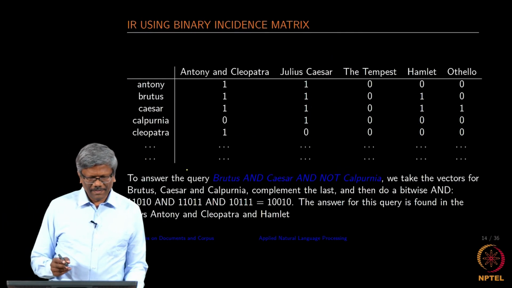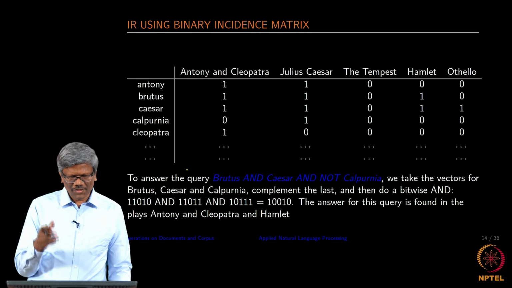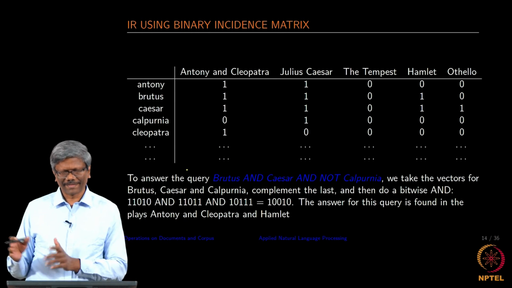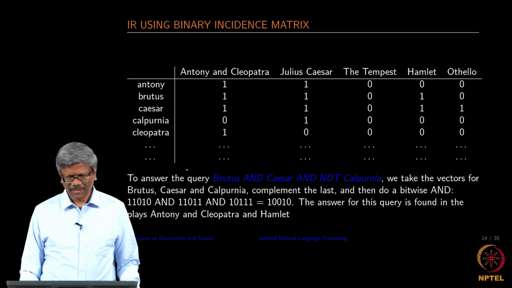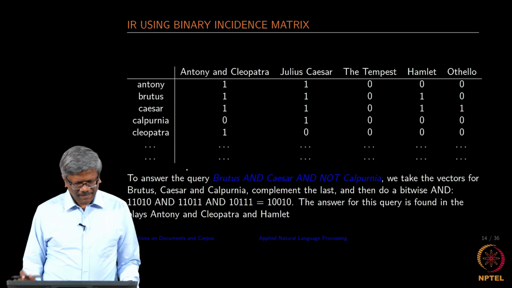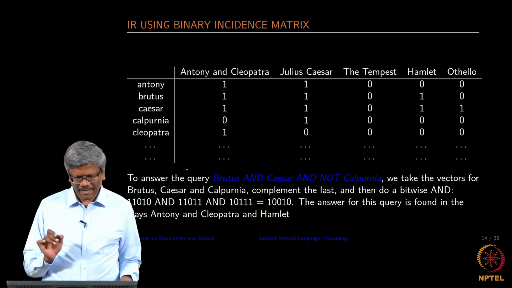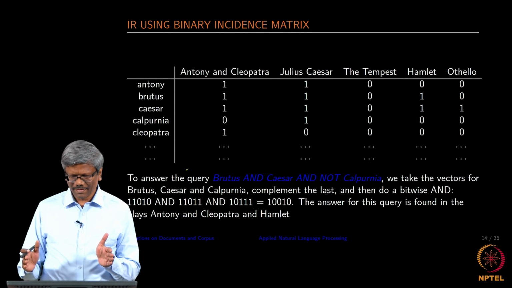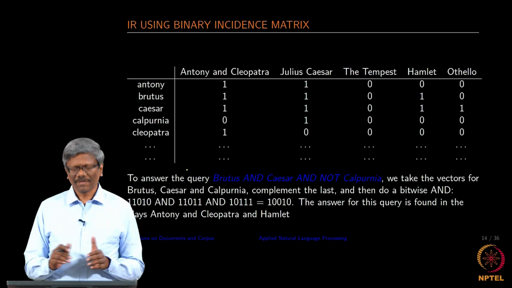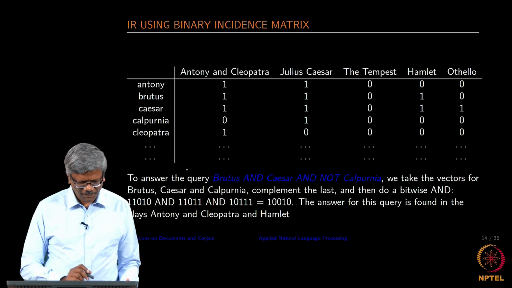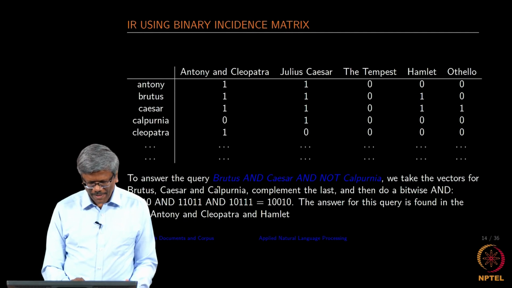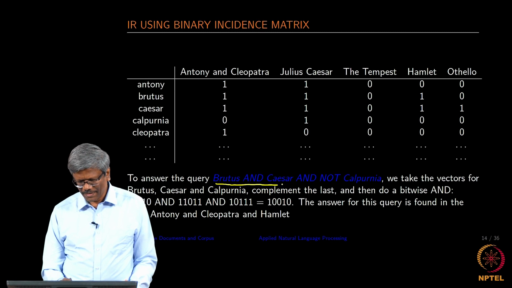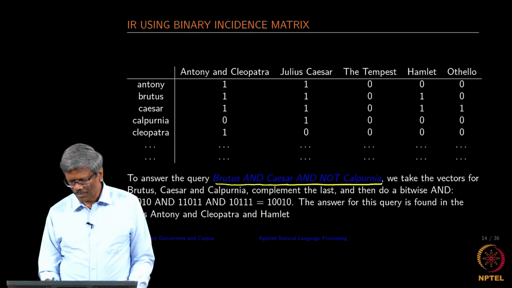Okay. So, in the previous slide we had shown how a binary incidence matrix can be constructed for a term document corpus, right. Now we want to find out if we can perform certain queries on this matrix. For example, I want to form a query: Brutus and Caesar and not Calpurnia.